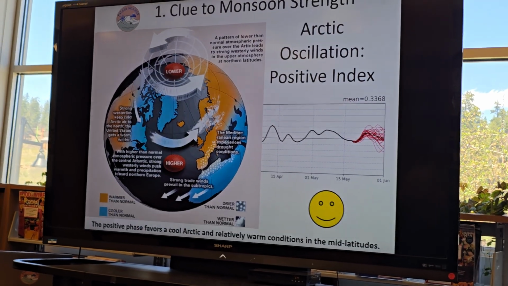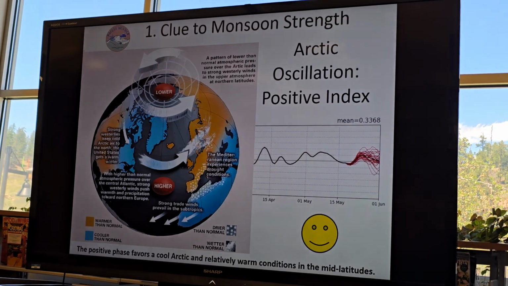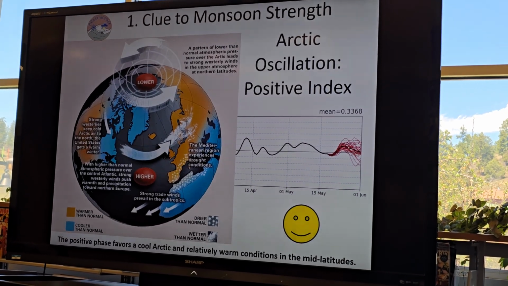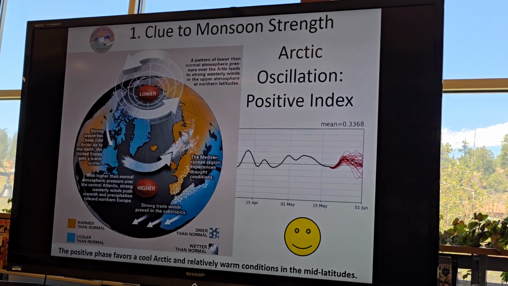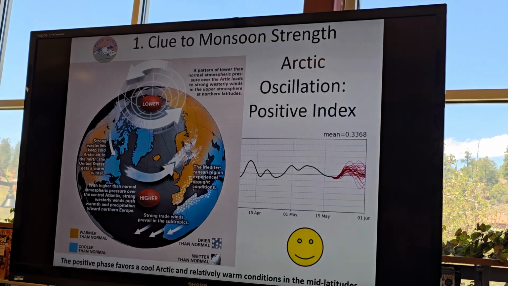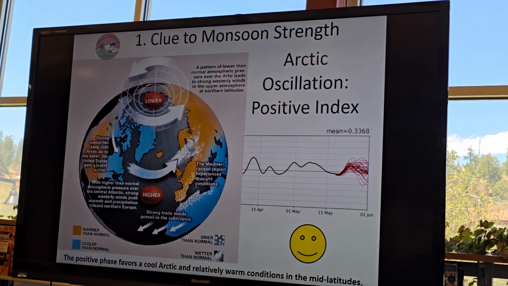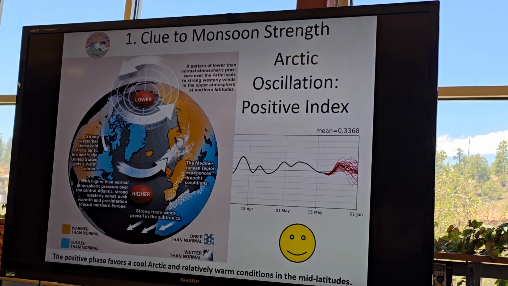One of the first things we look at is the Arctic oscillation. If it's positive, that means you have a very tight ring of winds up and around the Arctic air mass. If it's negative, the flow in and around the Arctic area is looser, and you get these dips coming down and in.